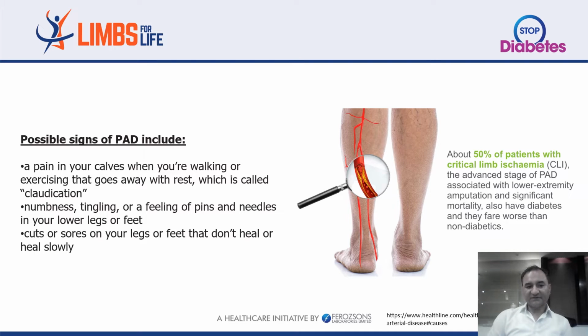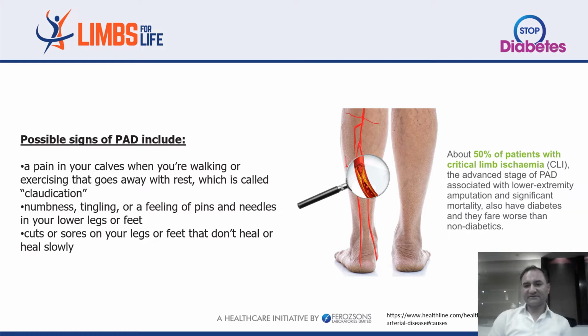The patient will also complain of numbness, tingling, or the feeling of pins and needles in the lower legs or the feet, and cuts or sores on your legs or feet that don't heal, or are healing slowly, are a sign that the patient might be suffering from peripheral artery disease.